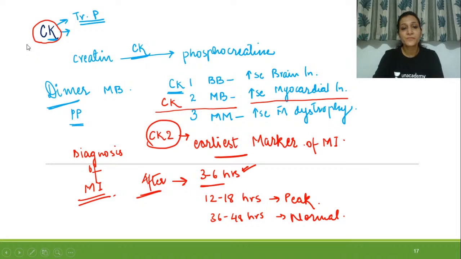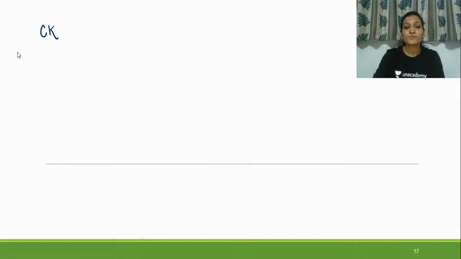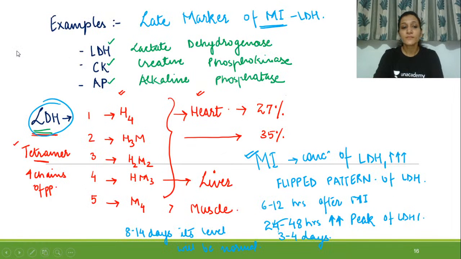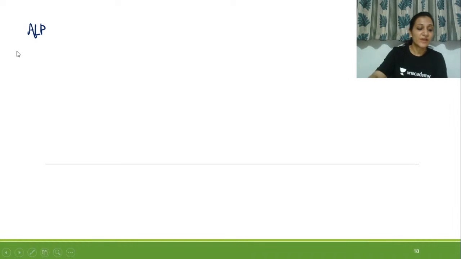It's a dimer made up of two chains, B and M. CK1 increases in brain infarction, CK2 increases in myocardial infarction, and CK3 increases in muscular dystrophy. And CK2 is the earliest marker of myocardial infarction, and LDH1 was the late marker of myocardial infarction. So we have discussed these two enzymes in detail.